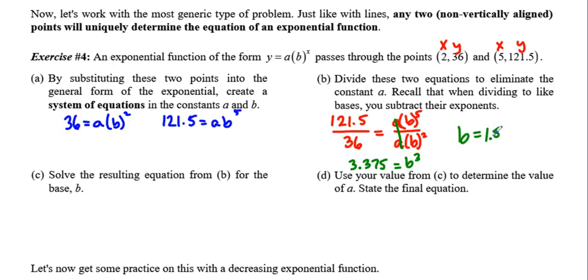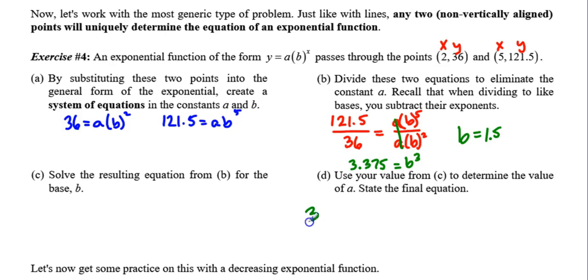Nice. So, now that I've got b, I guess I was supposed to do that, solve the equation for the base b. All right, we went ahead and did that. Now let's find out what a is here. So we can go back to either of these points. I kind of like this one, a little smaller, a little more manageable.